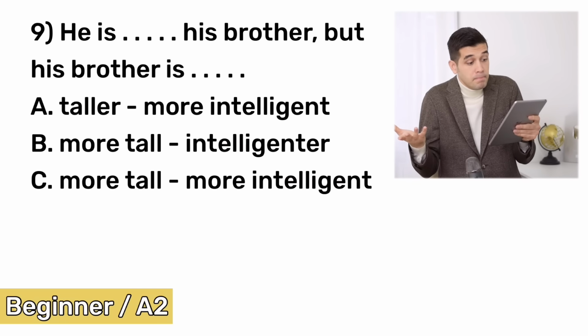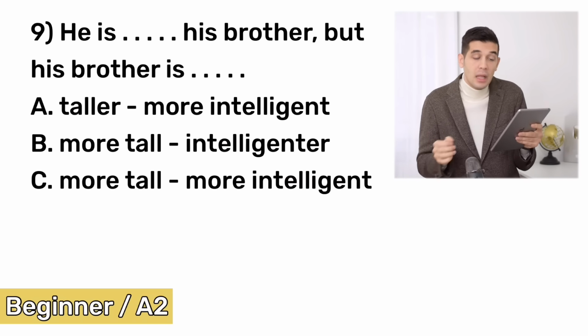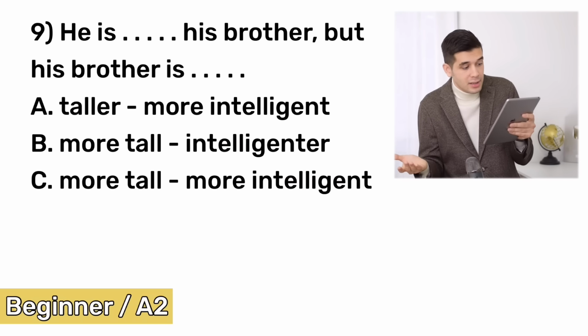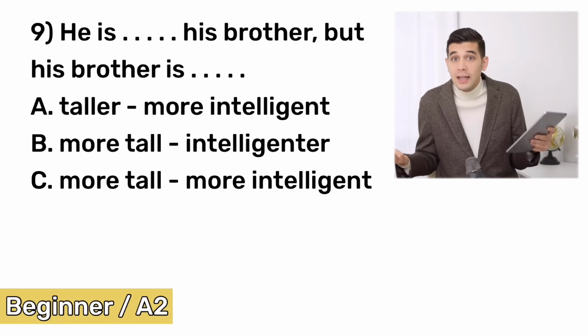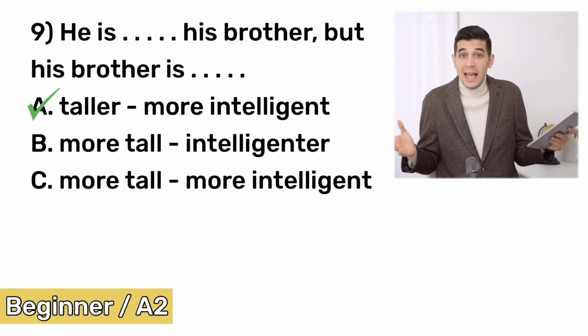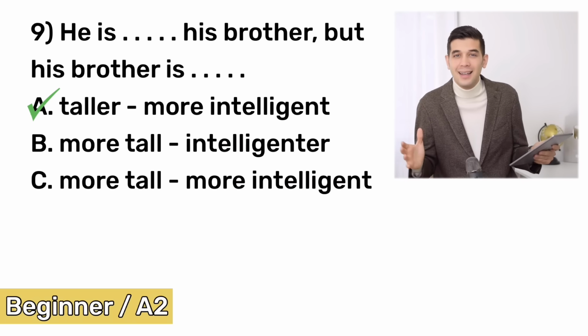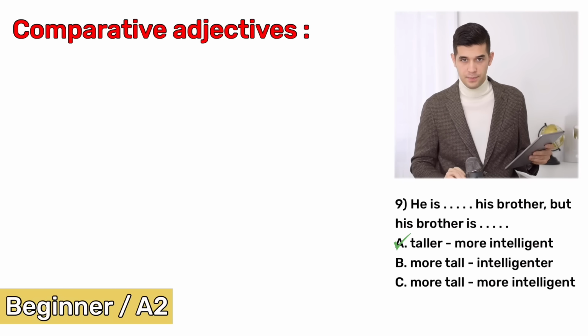Let's move on to question 9. He is his brother. But his brother is taller, more intelligent, more tall, intelligenter, more tall, more intelligent. And the answer is taller, more intelligent. But why? These are comparative adjectives.